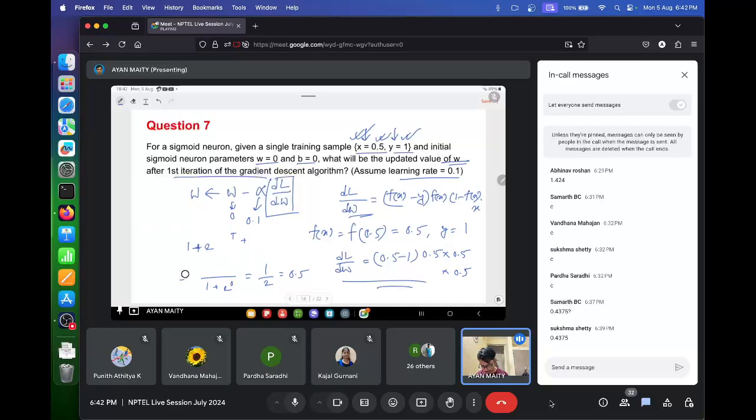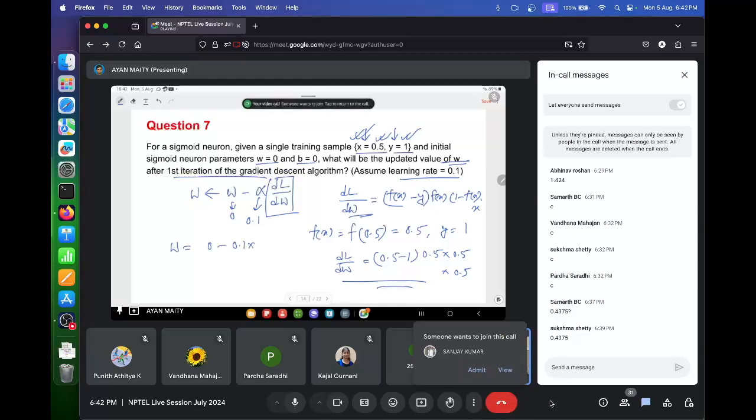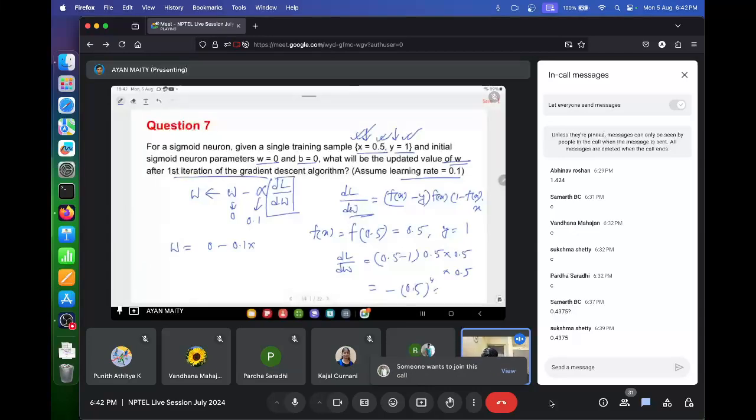So we can compute the updated w as 0 minus 0.1 into dL/dw, which would be minus 0.5 to the power 4, so minus 0.0625. So this would be 0 minus 0.1 into minus 0.0625, minus minus plus, so 0.00625. So this is the updated w.